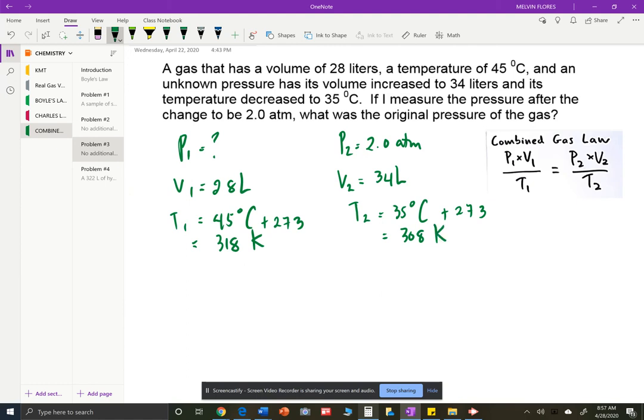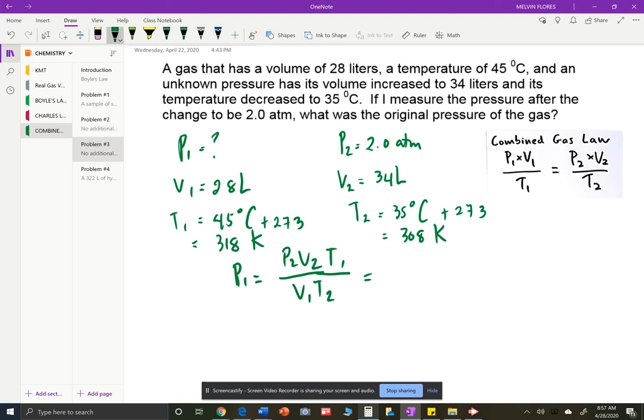Okay, so what you're looking for here is P1. So our formula will be P1 equals P2 V2 times T1 divided by V1 times T2.